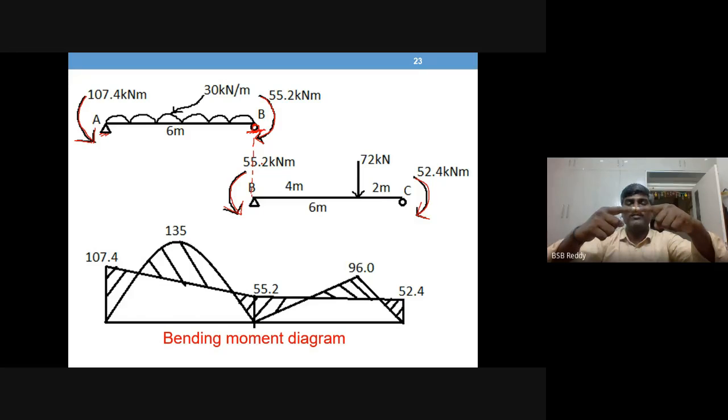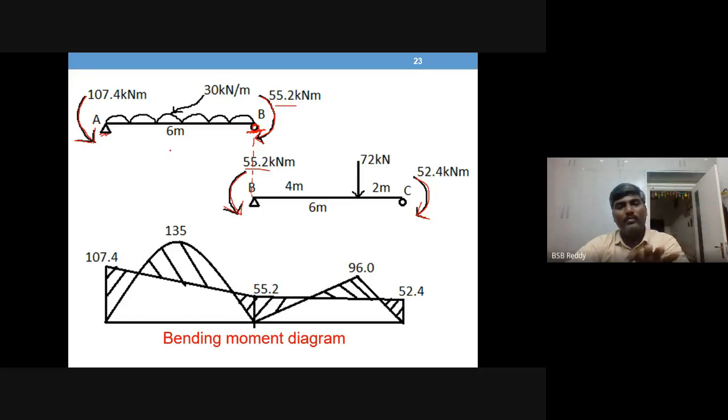So continuity is maintained. Once you break that continuity, then you will see the moments. This 55.2 is because of the continuity in the beam. That is the reason.